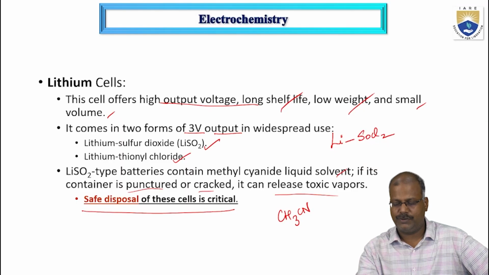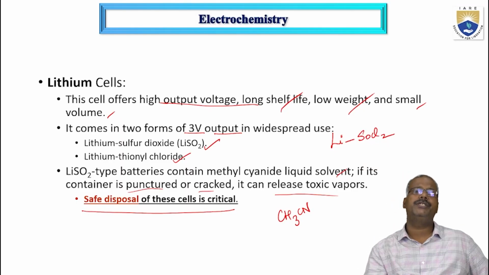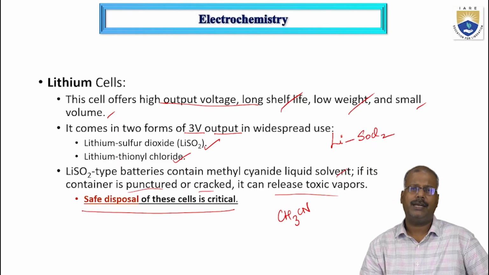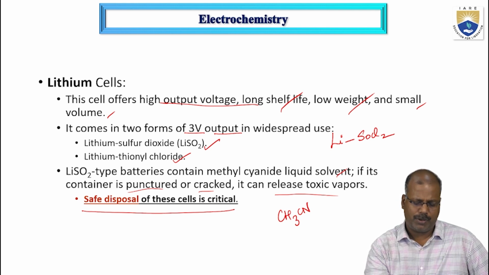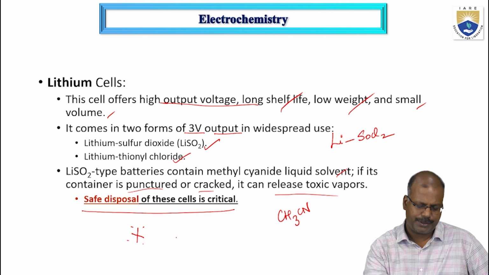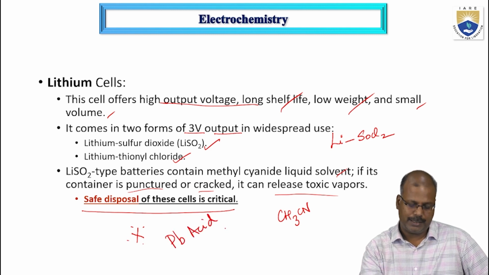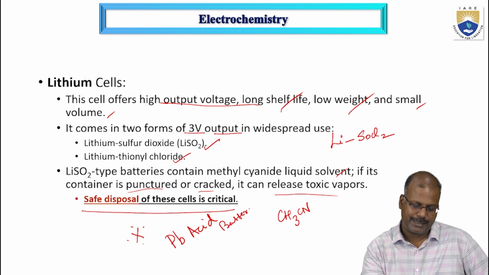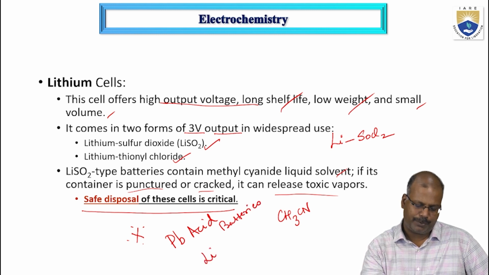So with this, I will finish the primary batteries, and we will continue with the secondary batteries in the next session. The important secondary batteries which we are going to see are lead acid batteries, their chemistry, lead acid cells, and very important, lithium ion cells or lithium ion batteries.